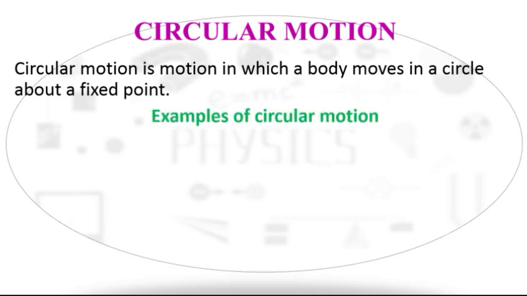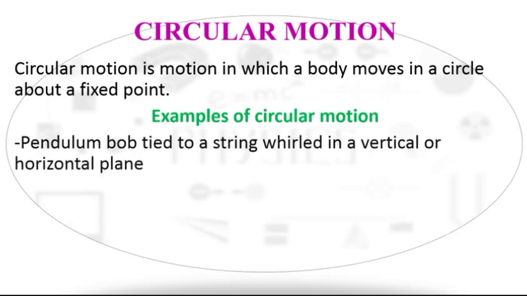Examples of circular motion: when you have, let's say, a stone or a pendulum bob, you tie it on a thread and you start swinging it in air. The pendulum bob will be describing a circle as you're holding it, rotating it, or spinning it. It may be vertically or horizontally. That is a circle.